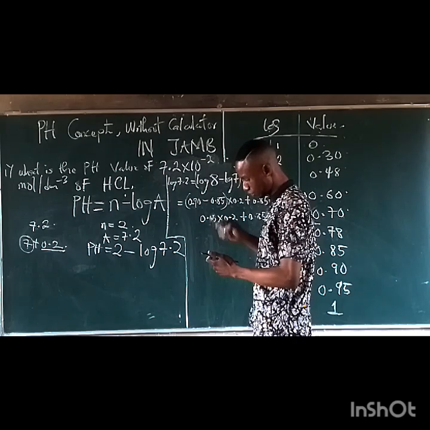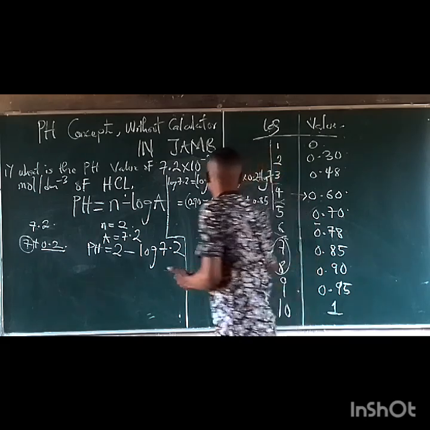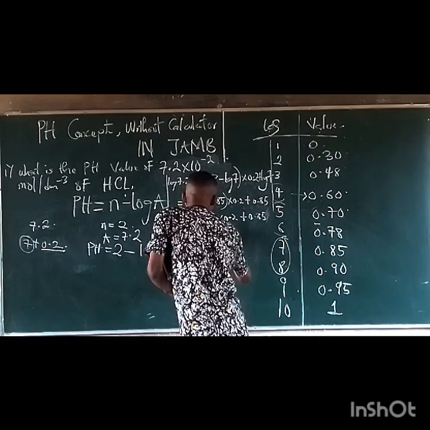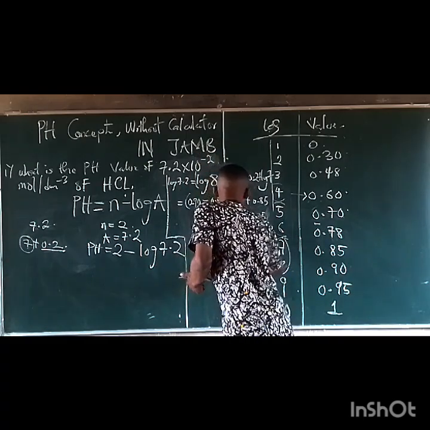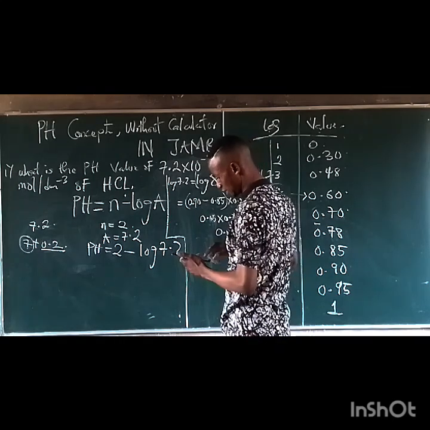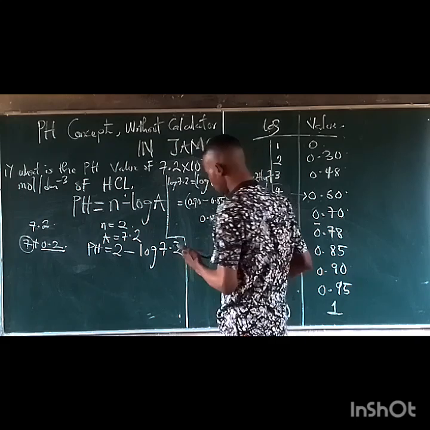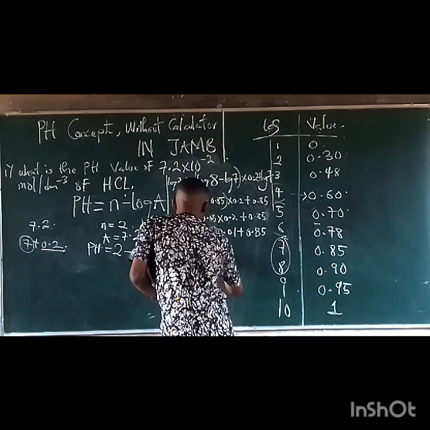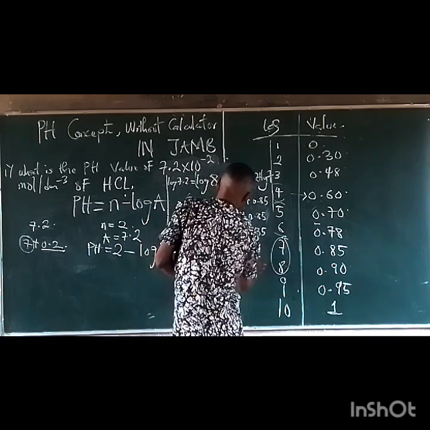That is 0.05 times 0.2, which will give you 0.01, plus 0.85. Then plus 0.85, you are going to get finally 0.86. Can you see?